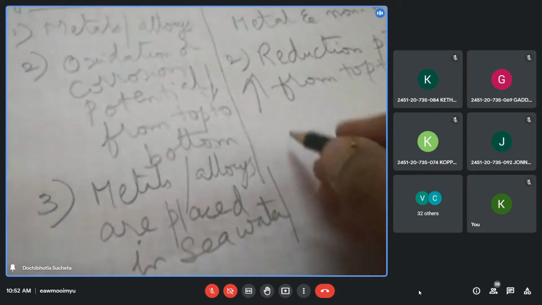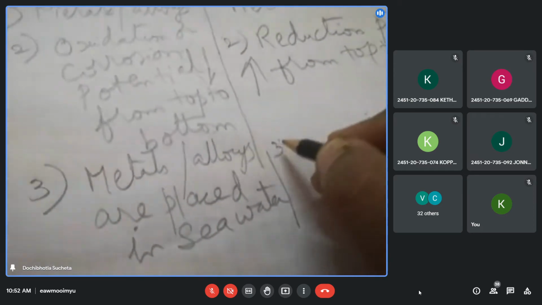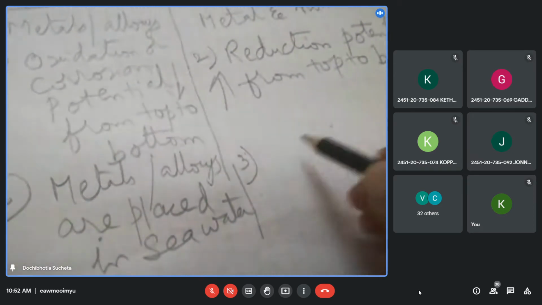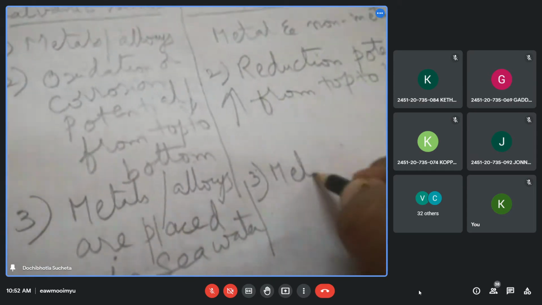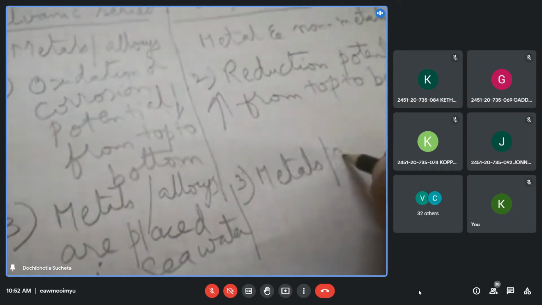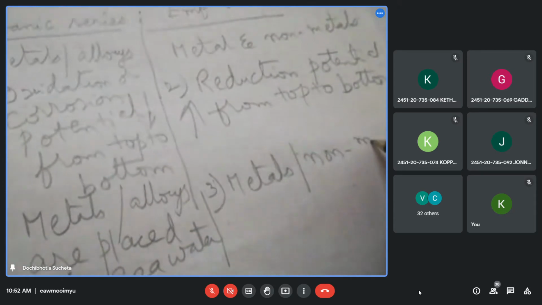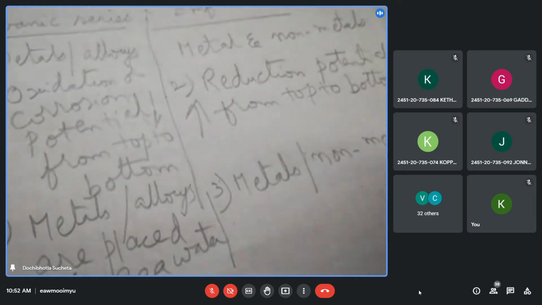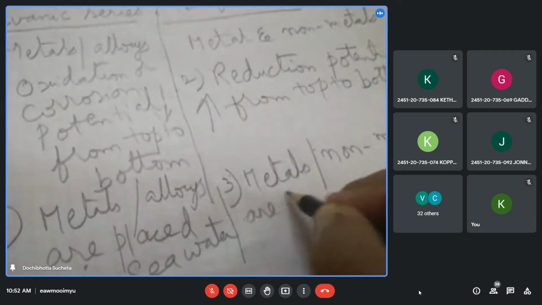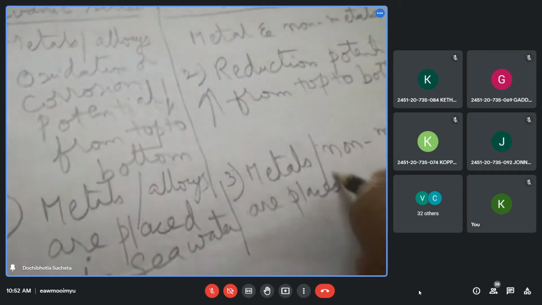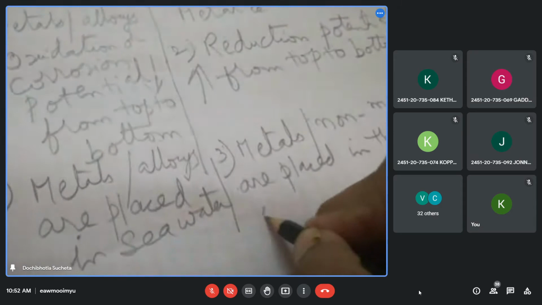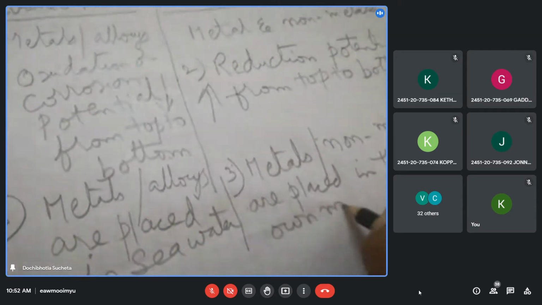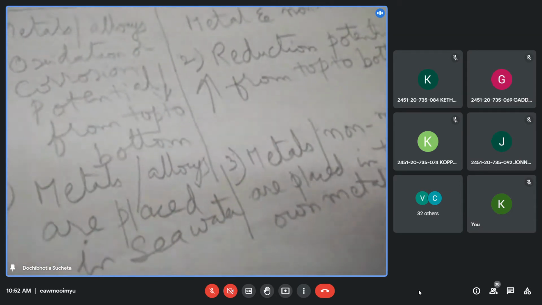Whereas in this case, metals or non-metals are placed in their own metal ion solutions.